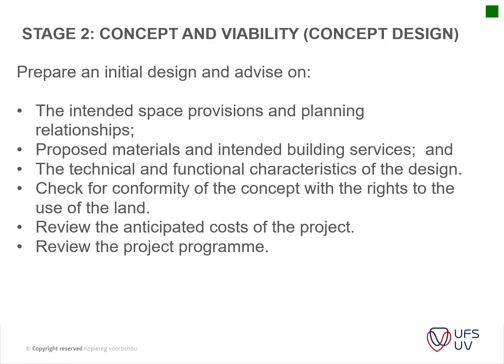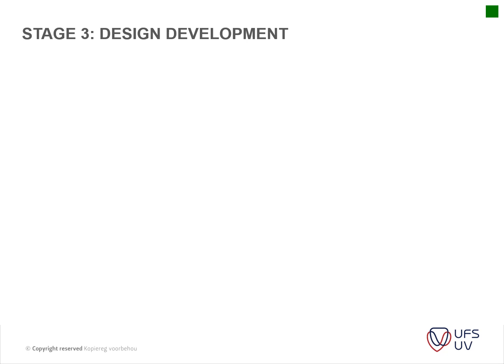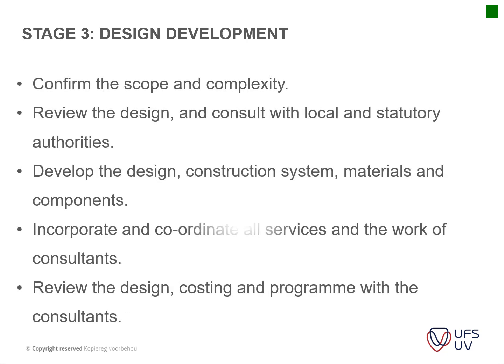Same with stage 2. We have a basic design or your concept design where that is done. Stage 3 is where you actually start developing your design. What type of finishes are you going to use? It's basically just finalizing the design and starting to put it on paper.